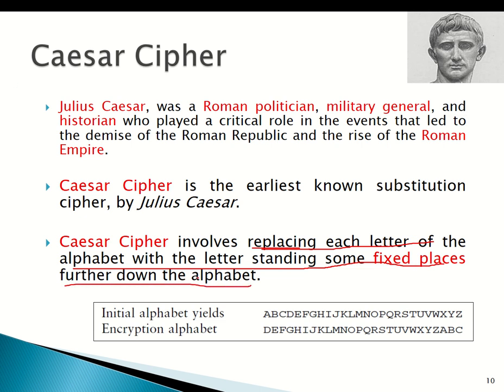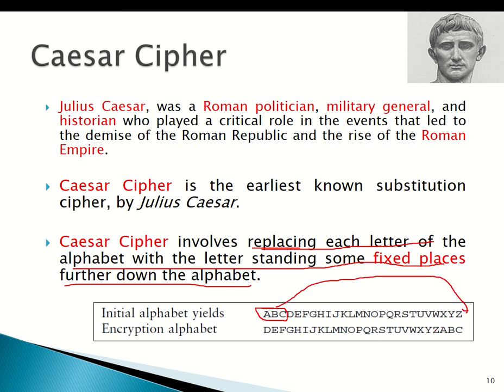For example, the initial alphabet is A, B, C, D, E, F, G, H until Z. This is the normal order. But when you encrypt it, you see D, E, F. What happened to the A, B, C? They moved to the end.